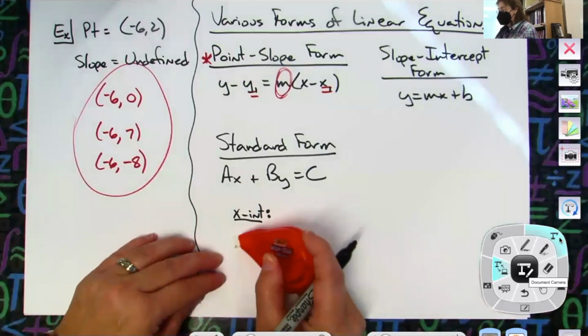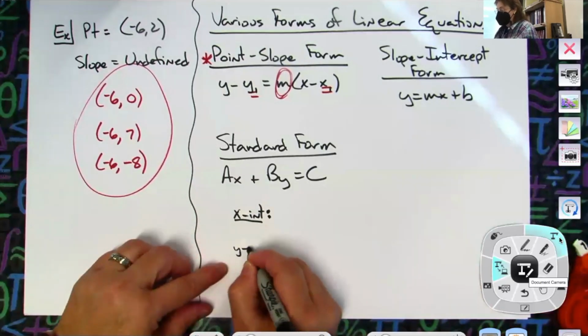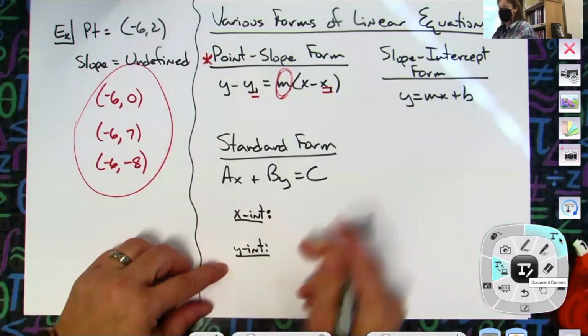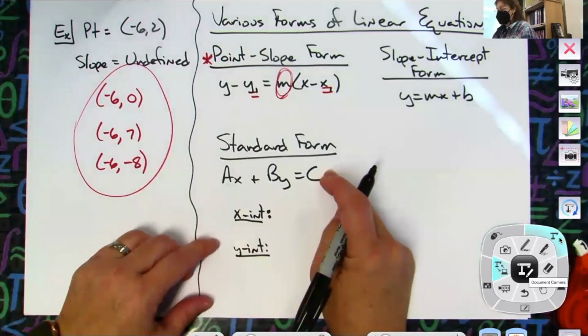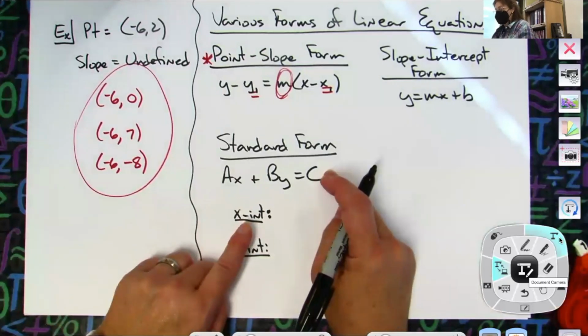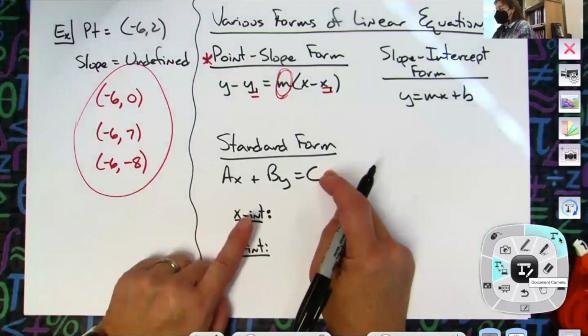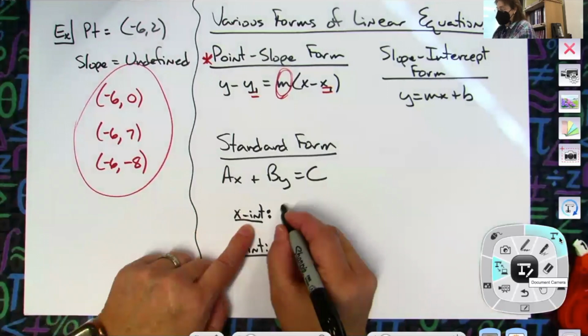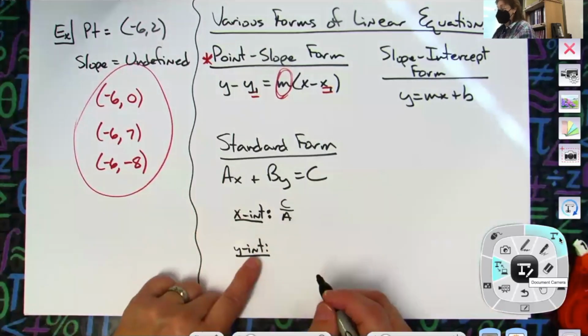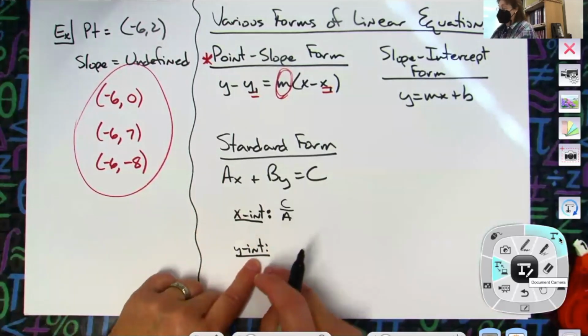All right, y-intercept and x-intercept both start with c on top. And remember I told you last year the way to memorize it: for the x-intercept, the coefficient in front of the x, so x-intercept is c over a. The coefficient in front of your y is the b, so then the y-intercept is c over b.